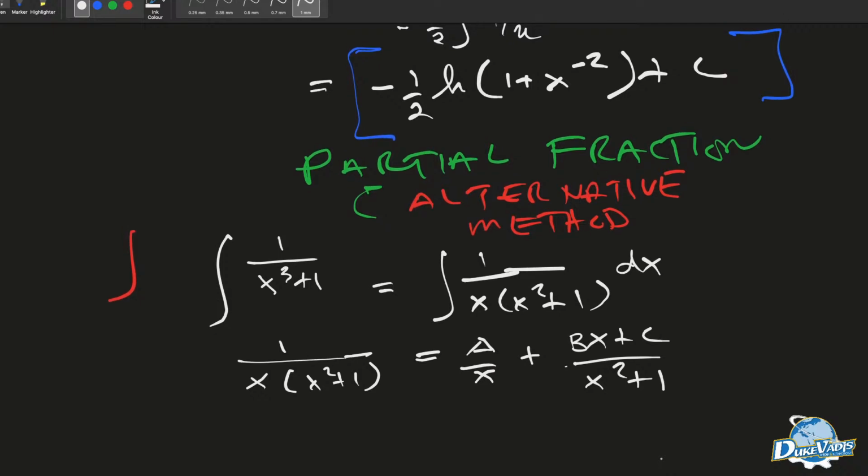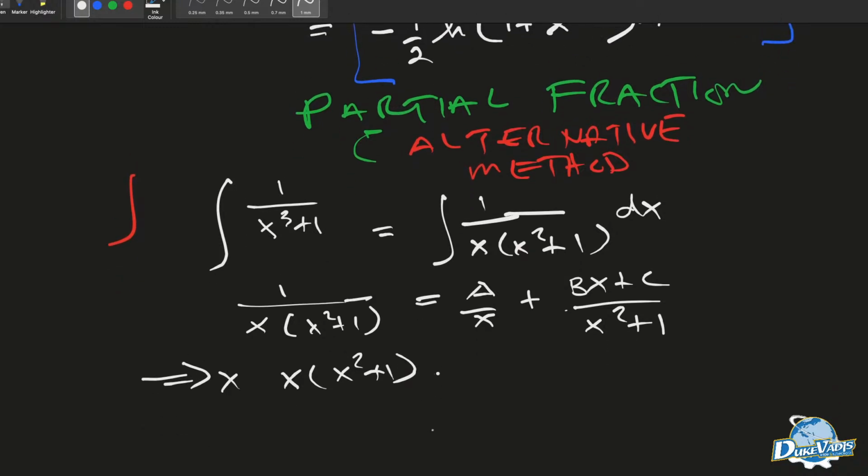Okay, so when we multiply through by x times (x squared plus 1), our equation will be A times (x squared plus 1) plus x times (Bx plus C) is equal to 1.